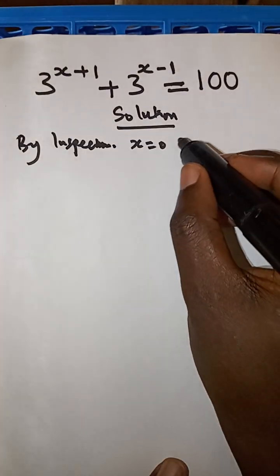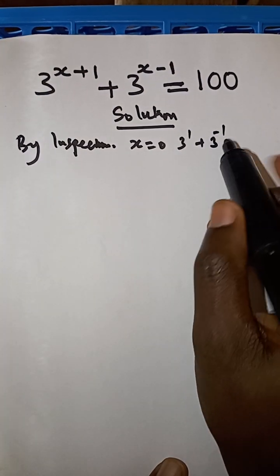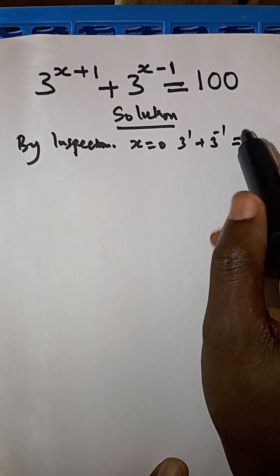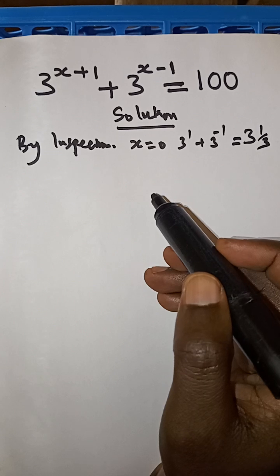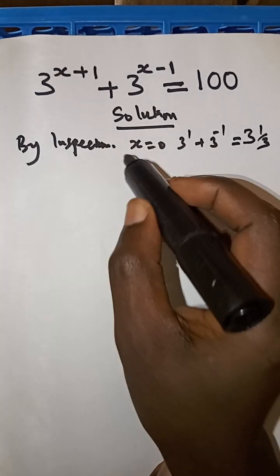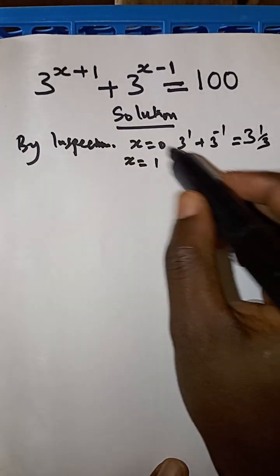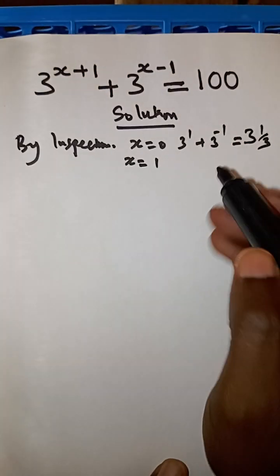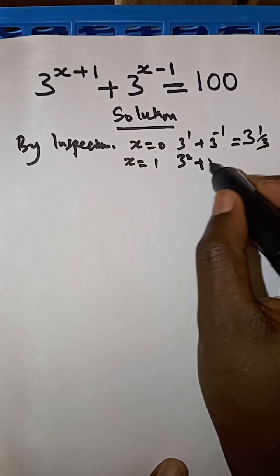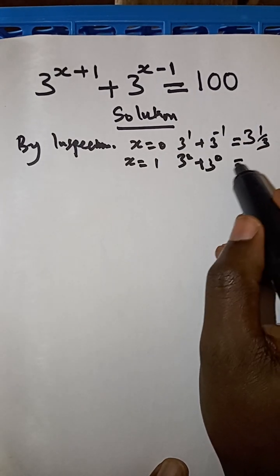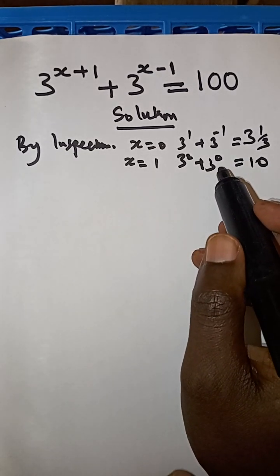This is 3 power 1 plus 3 raised to power negative 1. Adding this, I'm going to get 3 and a third. If x is equal to 1, this is 1 plus 1, that is 3 squared, and then that is 3 power 0. This you're going to get 9 and this is 1.